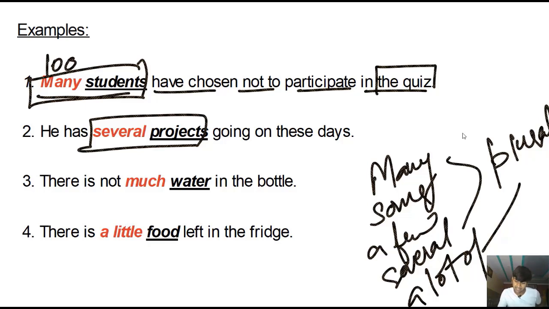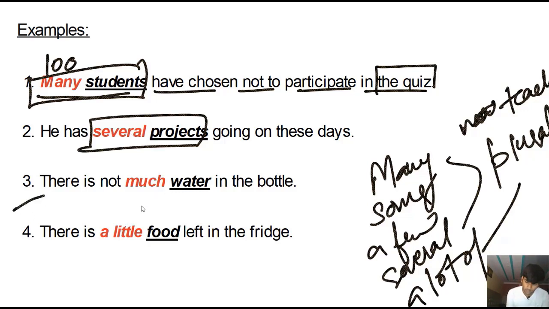You cannot say many teacher or some teacher, or a few teacher. So, many teachers, several teachers, a lot of teachers. Several projects, many projects, more than a few.